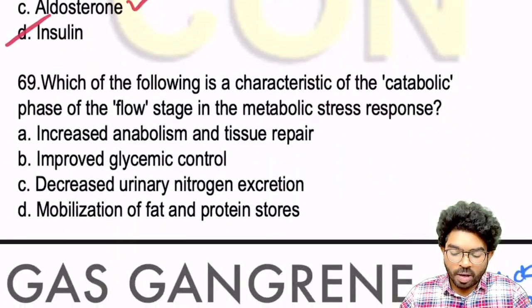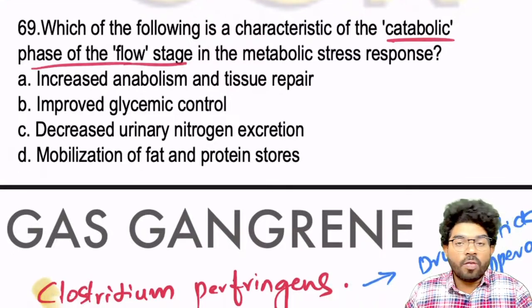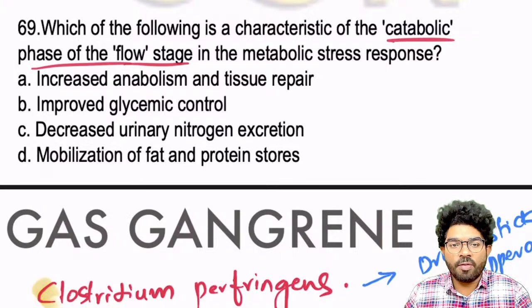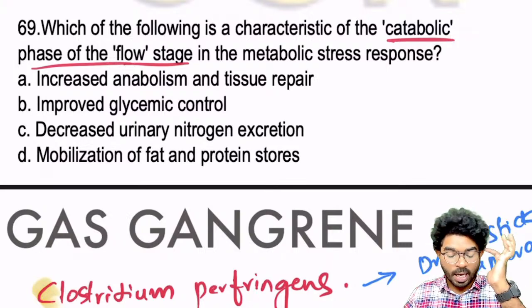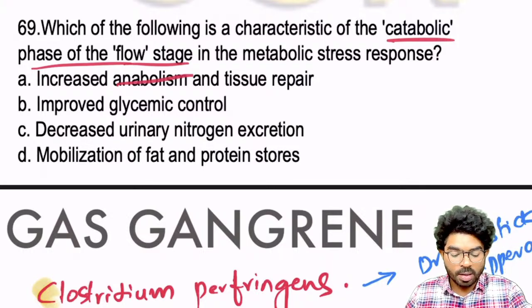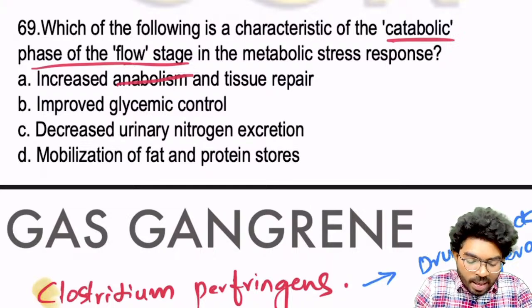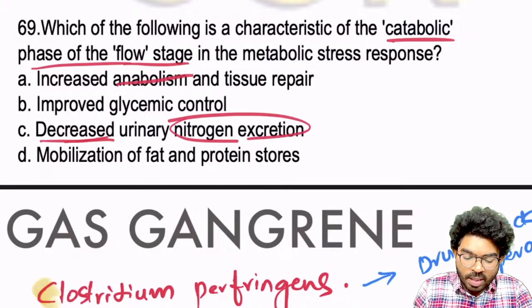Next comes: which of the following is a characteristic feature of the catabolic phase of the flow phase? We are talking about the second one, the flow stage, in the metabolic stress response. It's clearly given that it is catabolic, so it's nowhere related to anabolic. So there will be an increase in nitrogen excretion. It's not decreasing, it is increasing.